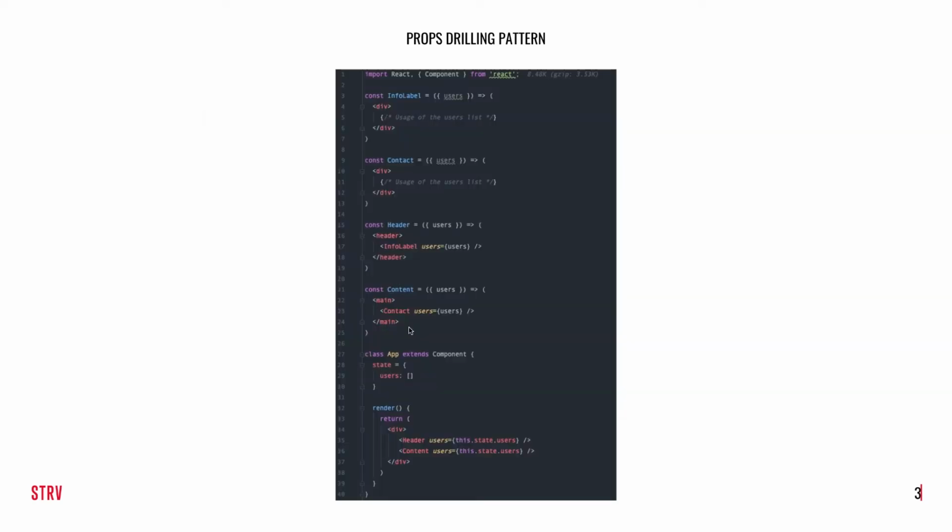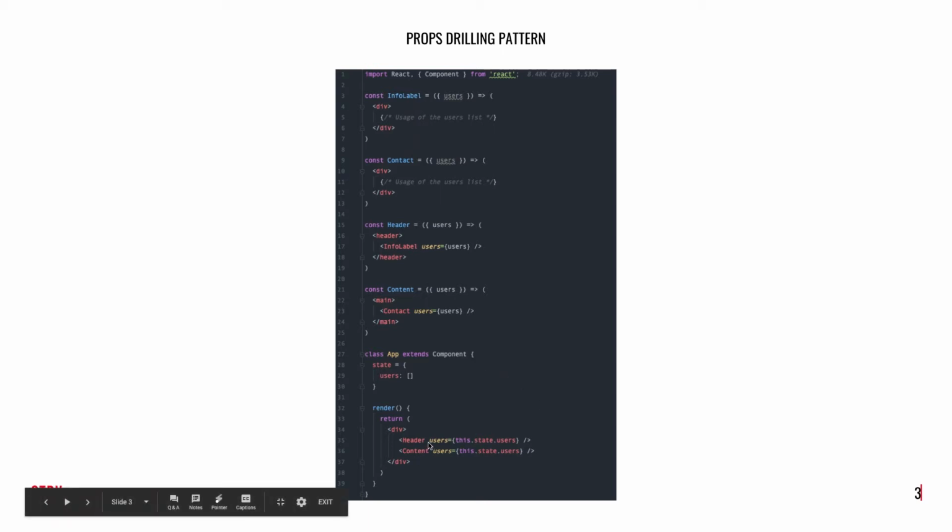So when it comes to code, it looks like this. This is our very top level. Can you see it? I hope you do. This is our very top level component or container, and in a local state we have a list of users, and users are needed only by contact and info label components.